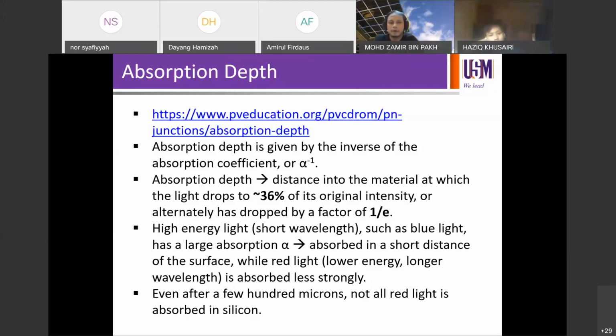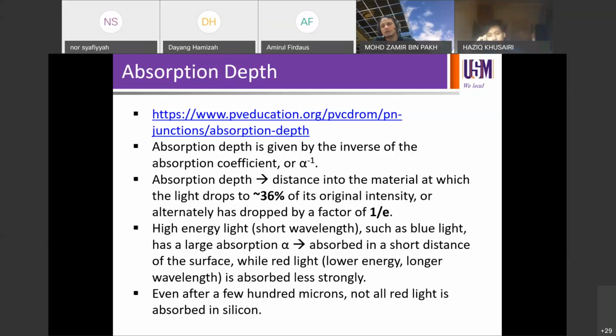So upon incidence, high energy photons, which means short wavelength, such as blue light, have a large absorption coefficient alpha, and therefore they will be absorbed within a short distance of the surface.